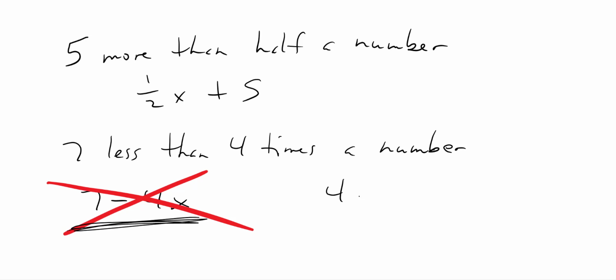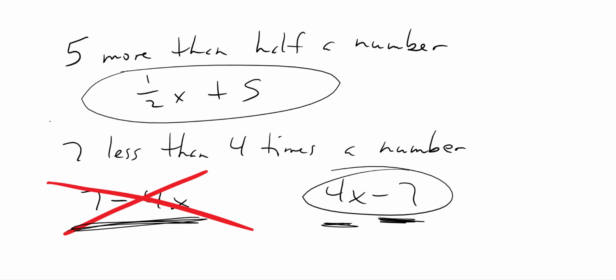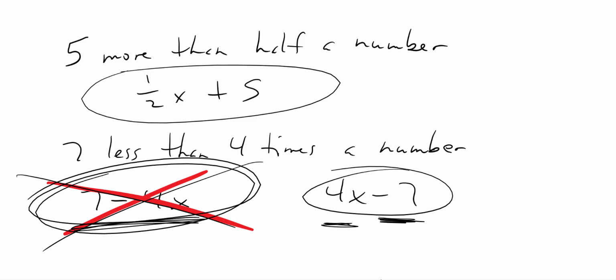And that's exactly what you need to do. This is the answer: 7 less than 4 times the number, so 4x minus 7. That's why I want you guys to write it this way for adding, because then when you do subtraction, you're not going to get it wrong. And you're not going to do this, which is not good. Okay, so 7 less than 4 times the number is that.